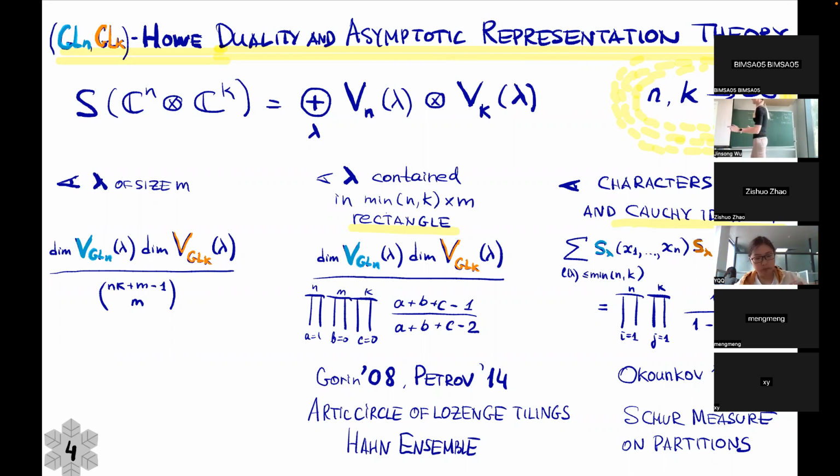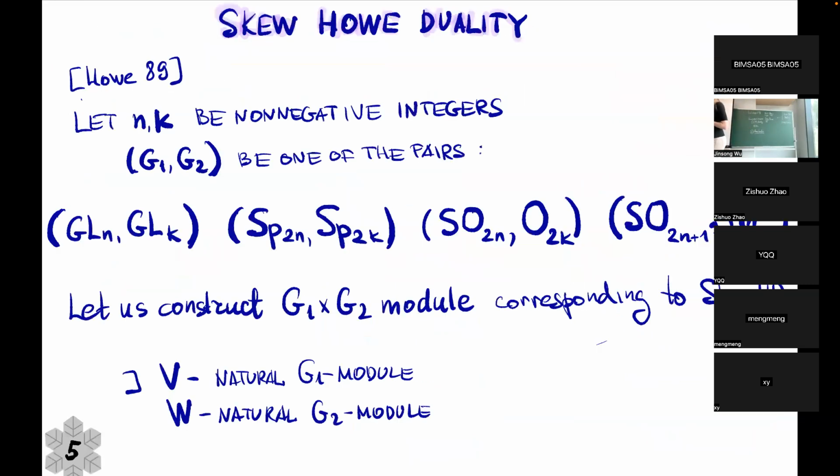So basically, here are some very short historical facts on how the asymptotic study of the Howe duality has been treated previously. But there is also the duality that we are going to talk about now, which is the Skew Howe duality.